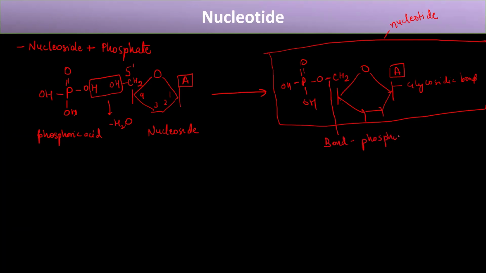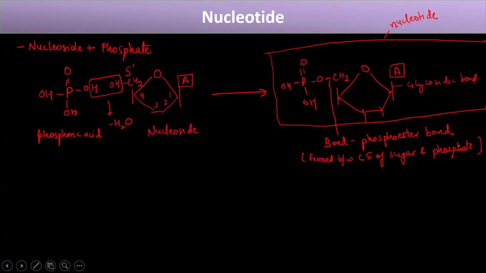So the phosphoester bond, what we have seen, is formed between carbon 5 of sugar and the phosphate group, right? It is formed between the phosphate group and carbon 5 of sugar.